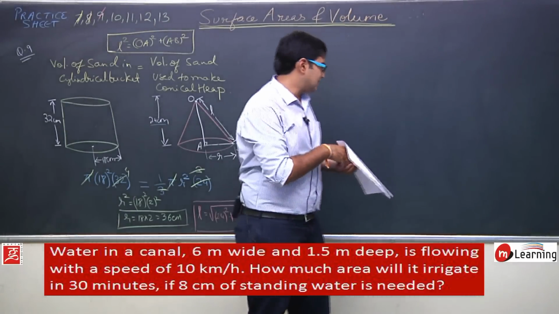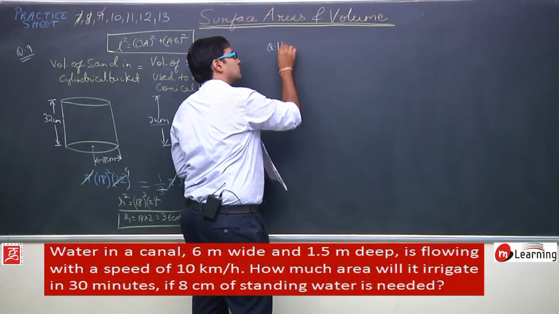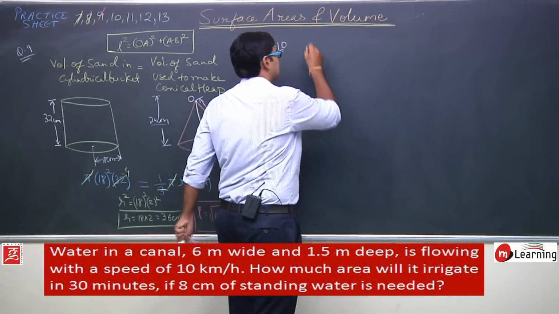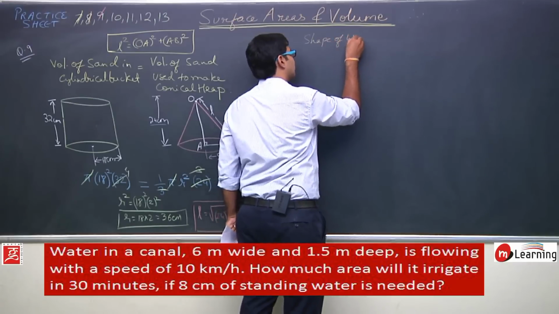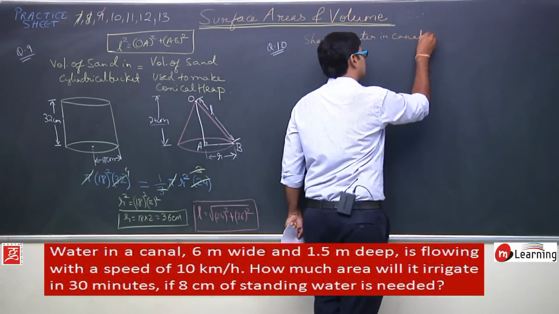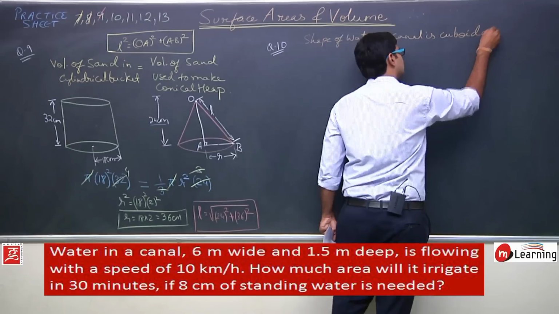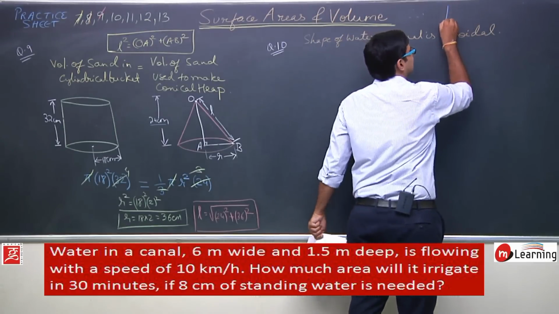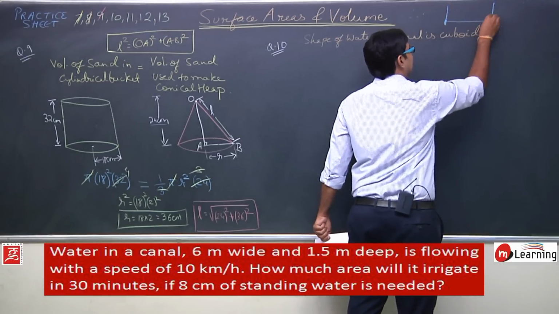Question number 10: I can write that the shape of water in canal is cuboidal.